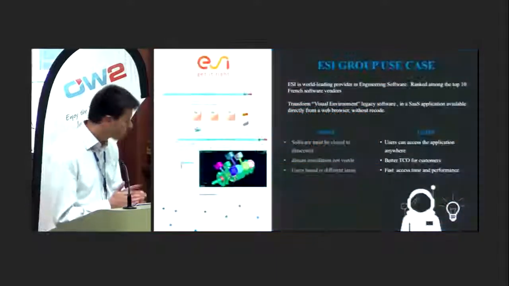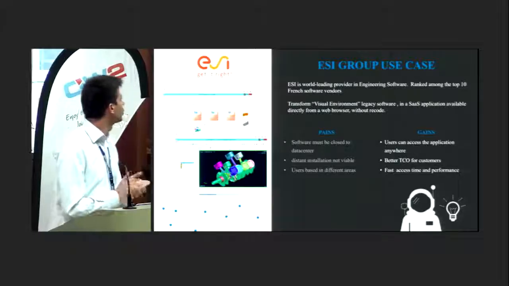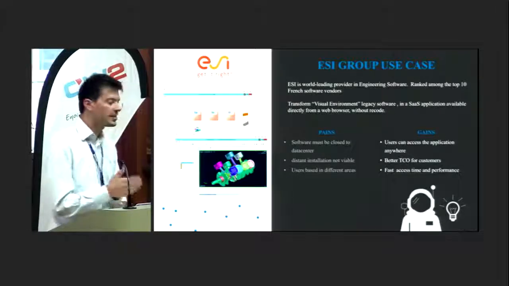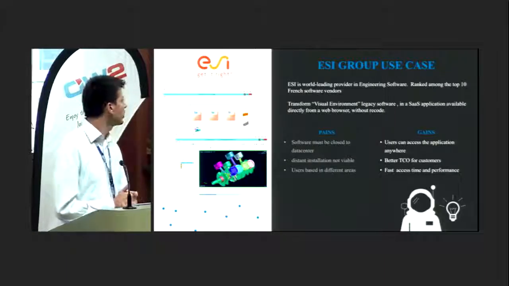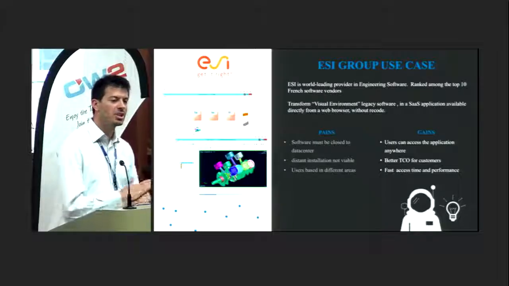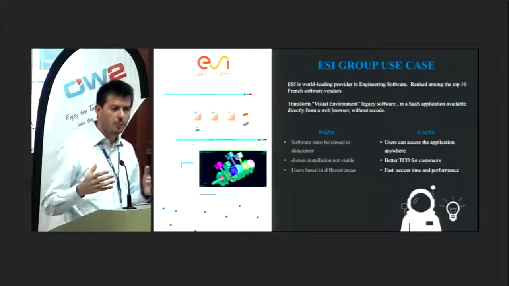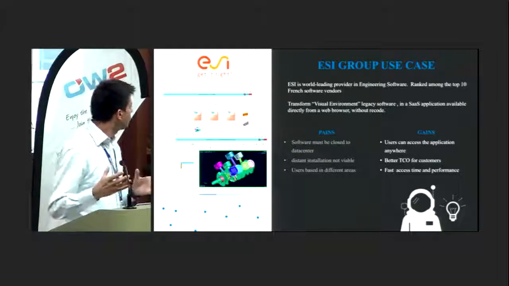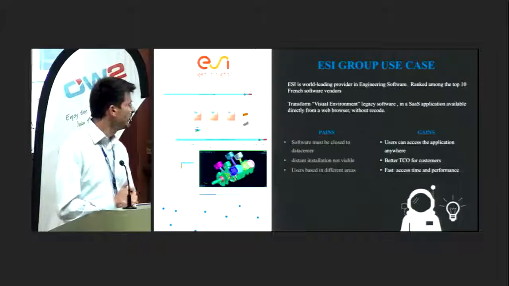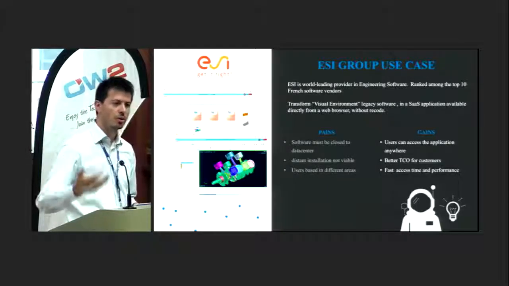Okay. Just to finish, I will speak about two use cases, about some customers we have. The first one is ESI. ESI is a French software editor, I think in the top 6 or top 7 in France. They have a big software to do modelization, and this software needs a lot of GPU, not CPU, graphical power.